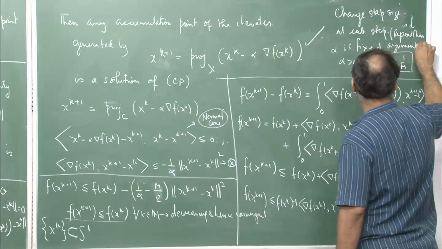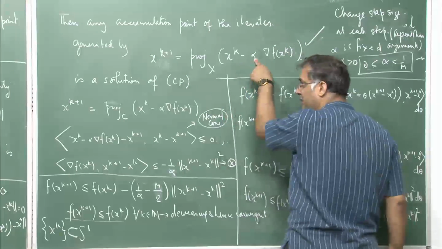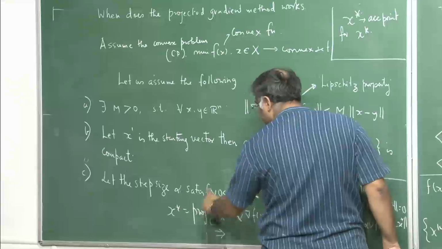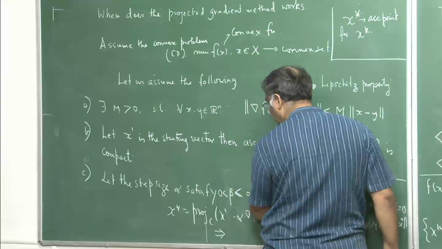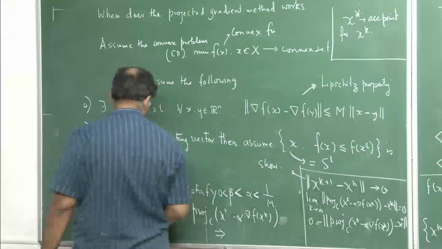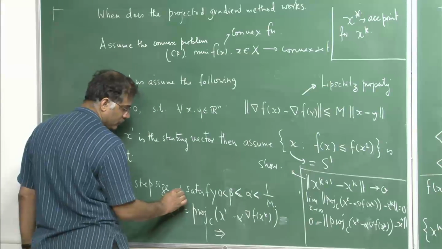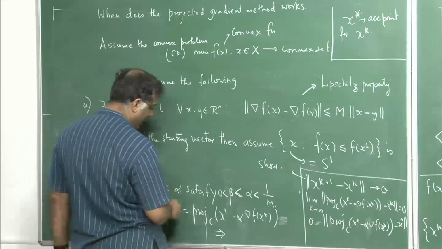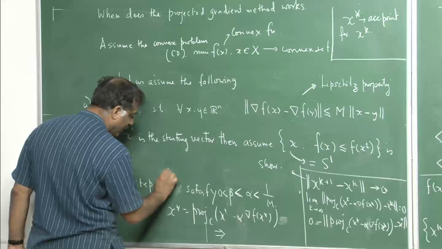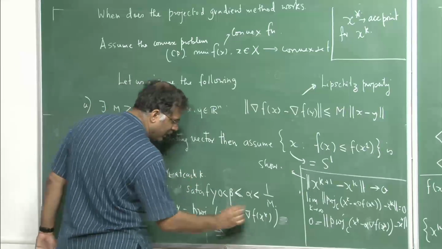So, let me just make a short summary. We start with this projection method where my alpha is fixed. If alpha is not fixed, then at every k, alpha k has to be chosen, so let the step size alpha k at each k satisfy this.